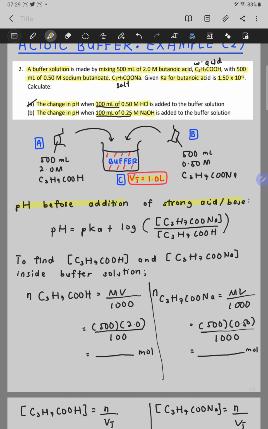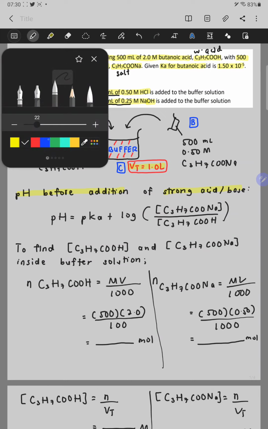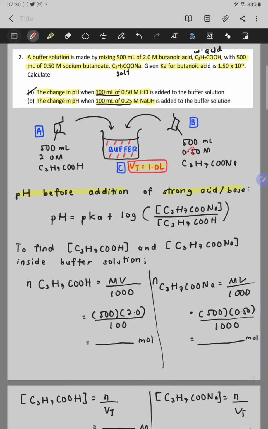Alright class, kalau awak jumpa situation di mana concentration of weak acid and salt ini datang daripada different beaker, maksudnya dia bagi nilai volume and concentration sebelum dia mix untuk jadi buffer. Kalau situasi macam ni, concentration of salt ini bukan lagi 0.50 molar.